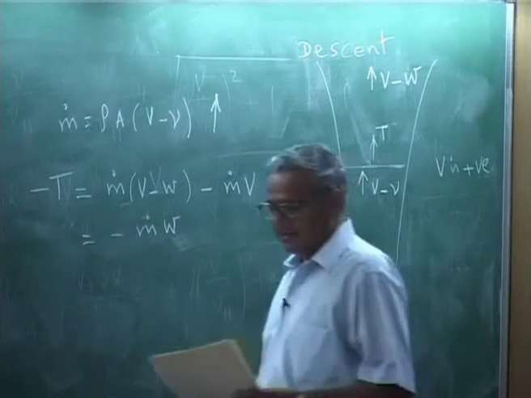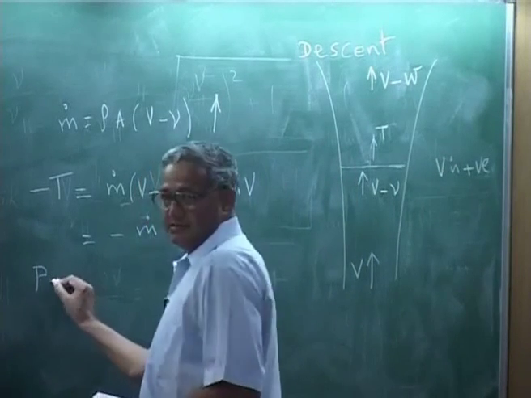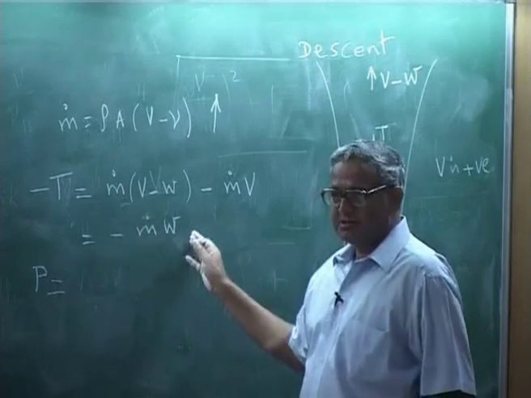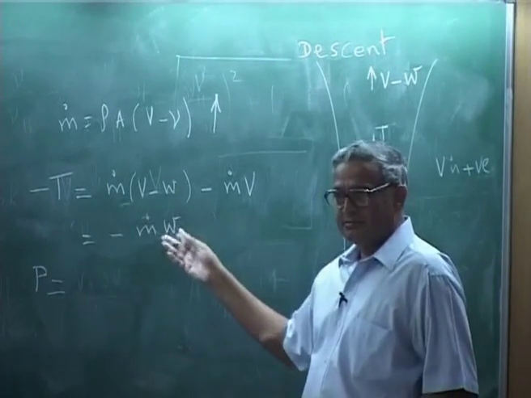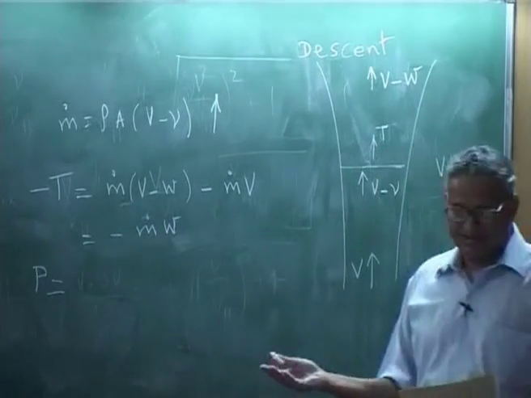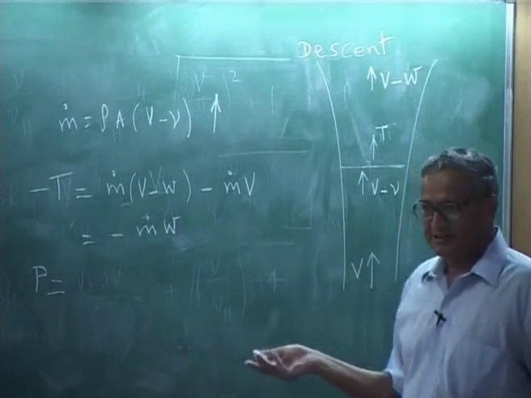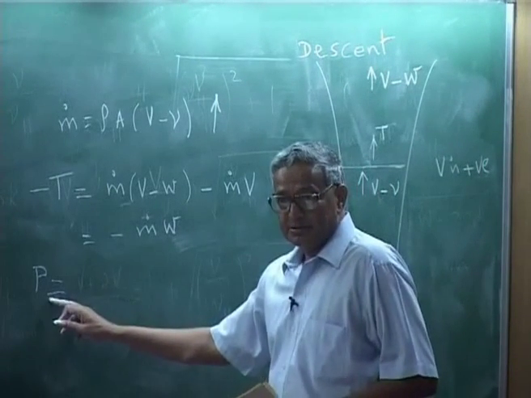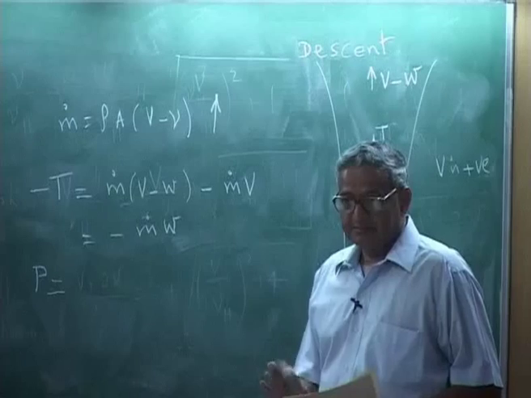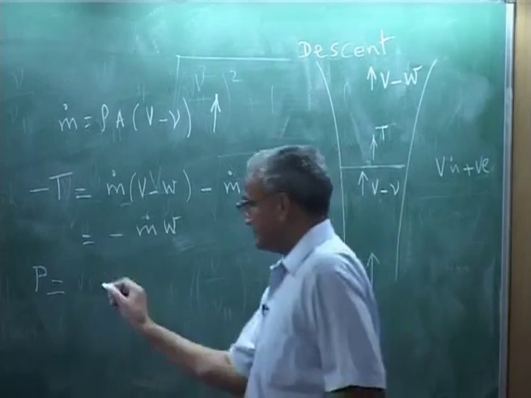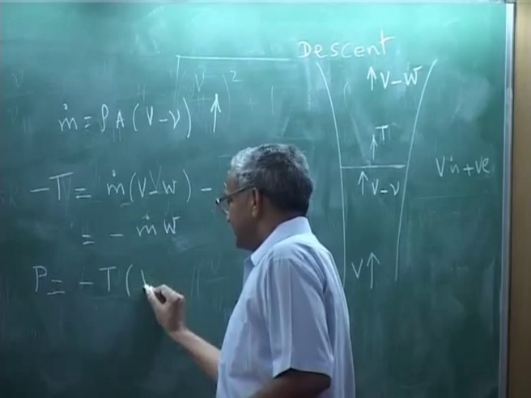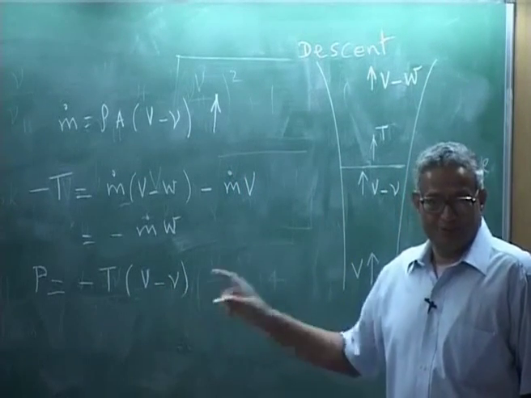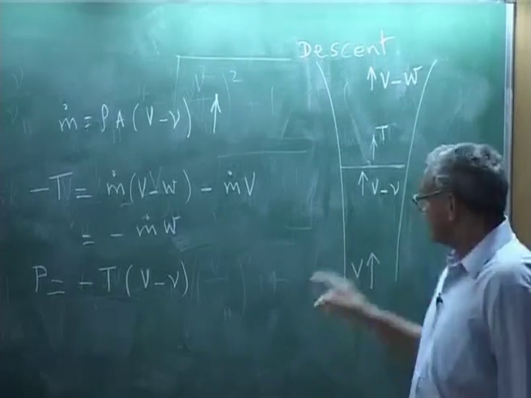Then you have to write the energy, the power. Finally you will get T equal to m dot W. Now, the power is, because the thrust is down, flow is up, minus T (V minus nu). Please understand, because the force is acting down, velocity is up on the fluid.